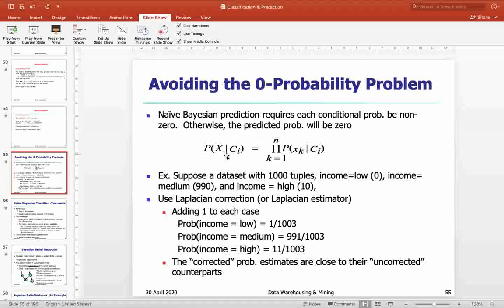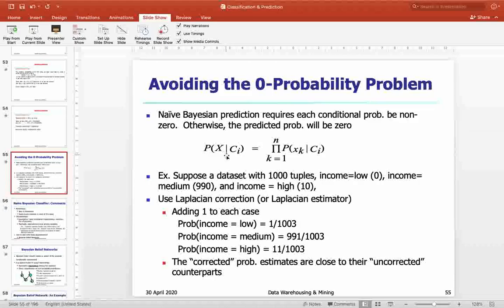This is one problem. Now to avoid this problem, we can assume that our training data set D is so large that we will add 1 to each count, so that it can avoid the 0 probability, right? This technique is known as the Laplacian correction, or the Laplace estimator.